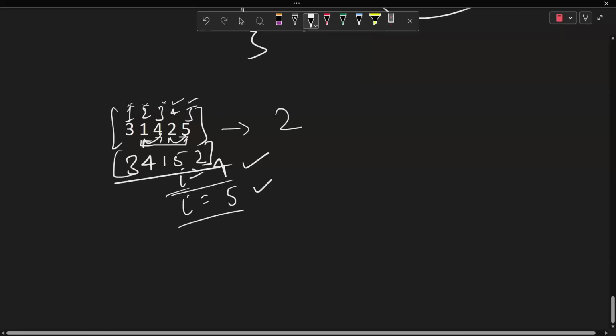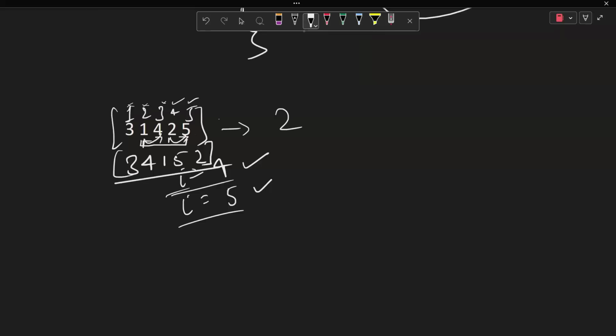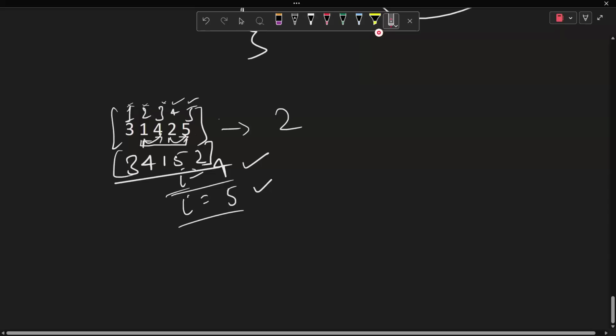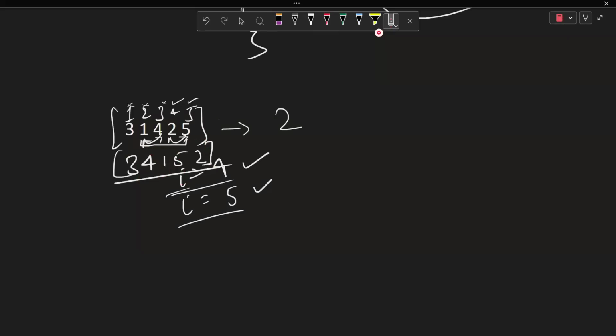Now if we again check, then we can just check what's the beauty of the array, for this, for this, for this, for this. But now let's try to think which operation would we perform so that we are increasing the beauty, the maximum.